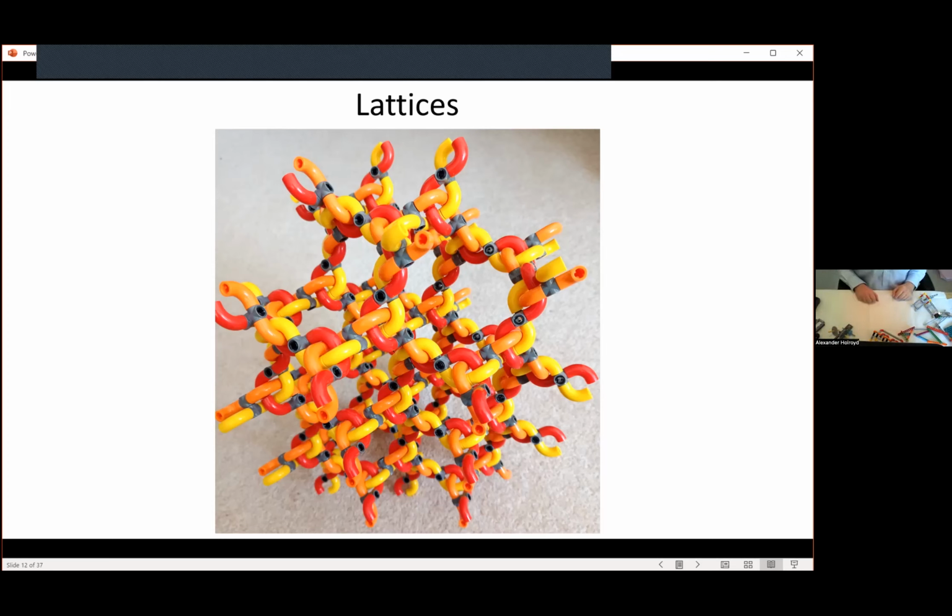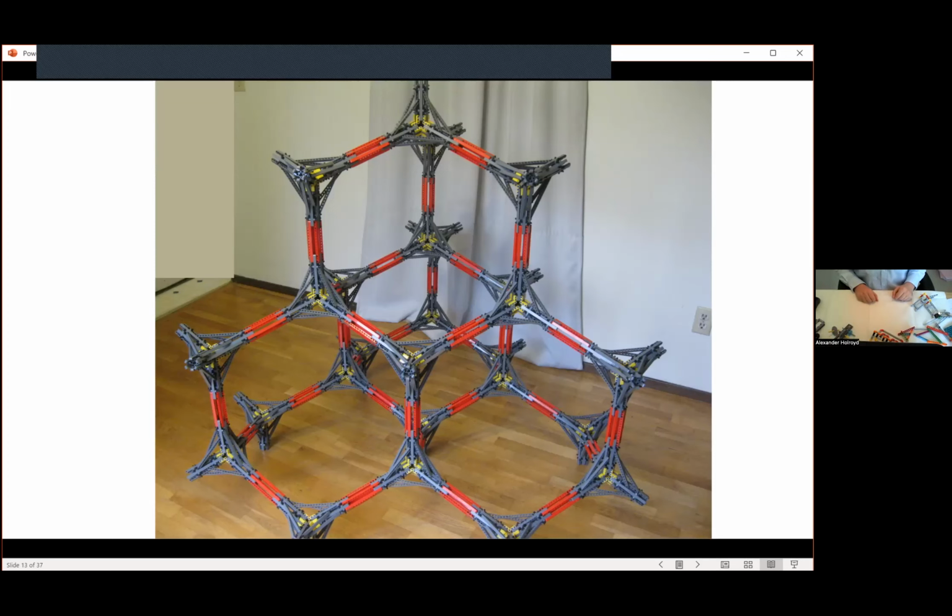This is a diamond lattice, the crystal structure of diamond, and not sure if you could tell, but this is very big. This is about 1.5 meters high. A very long time to put it all together. That's by me.